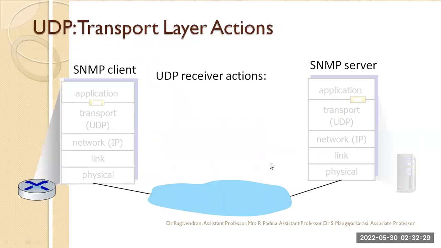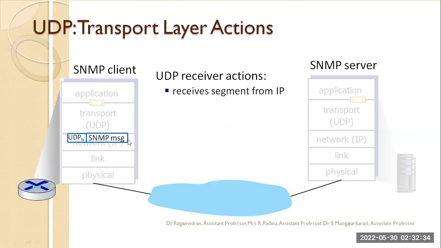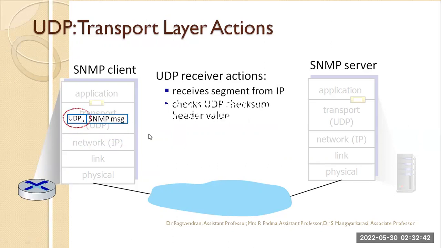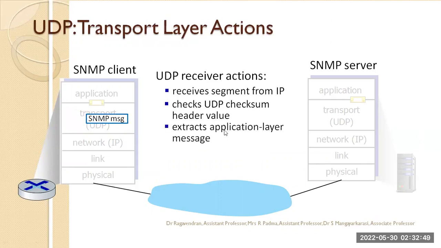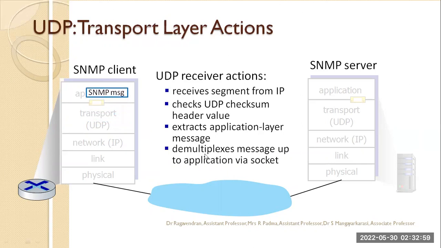Now UDP receiver actions: it receives the segment from IP, and UDP checks the header values. After checking, it extracts the application layer message and sends it up to the application above. So it demultiplexes the message up to the application via the socket.